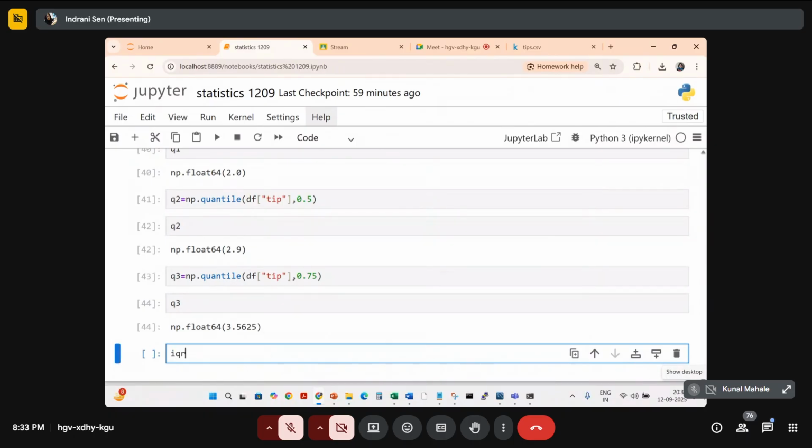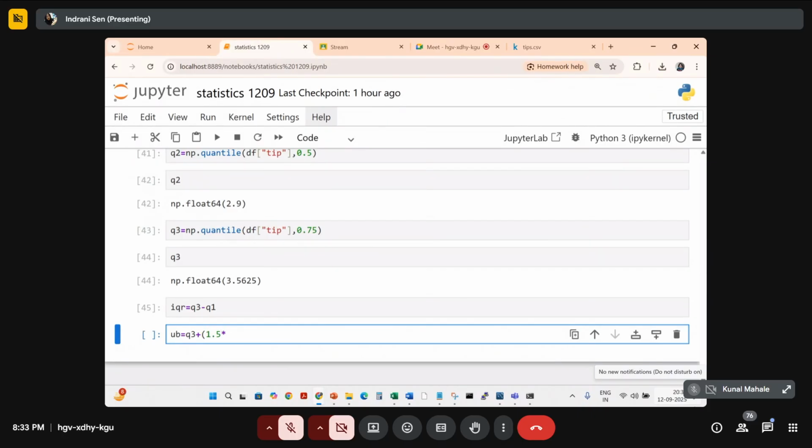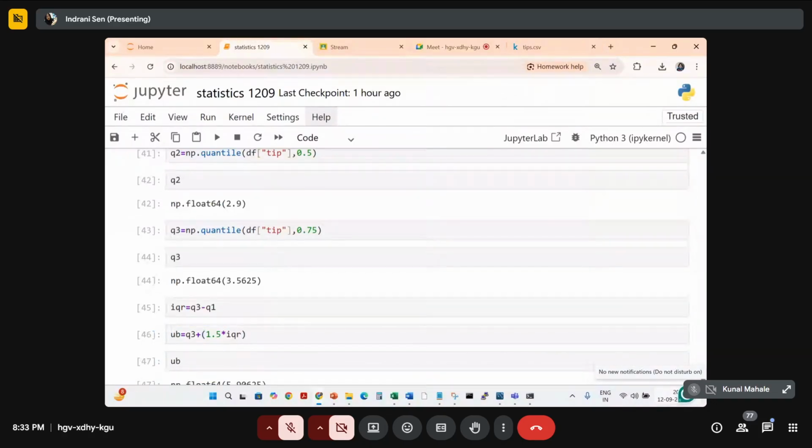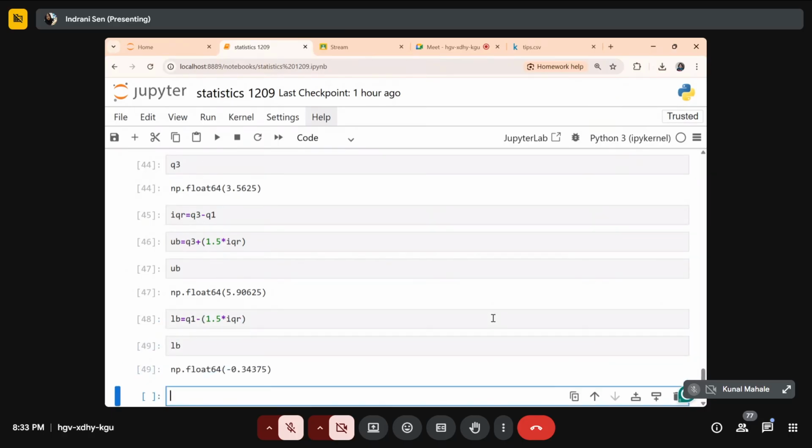So we are finding the IQR, which is Q3 minus Q1, and the upper bound is equal to Q3 plus 1.5 multiplied by IQR, and the lower bound is Q1 minus 1.5 multiplied by IQR. This is the lower bound.